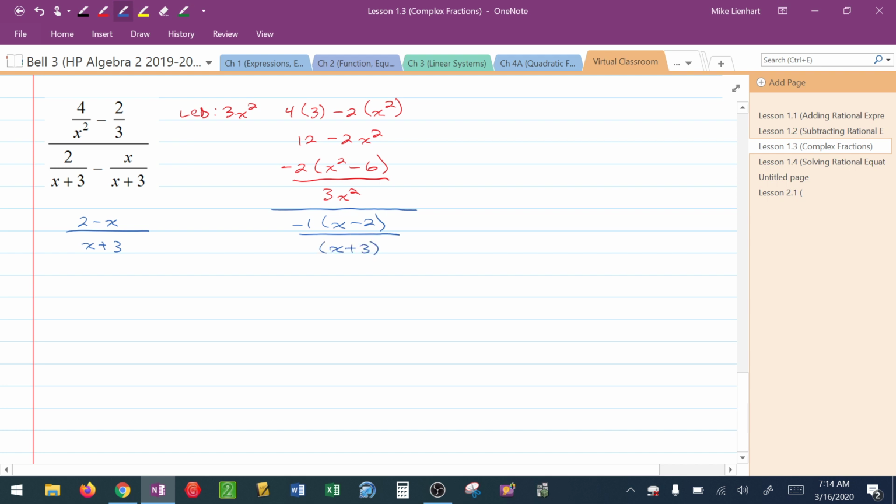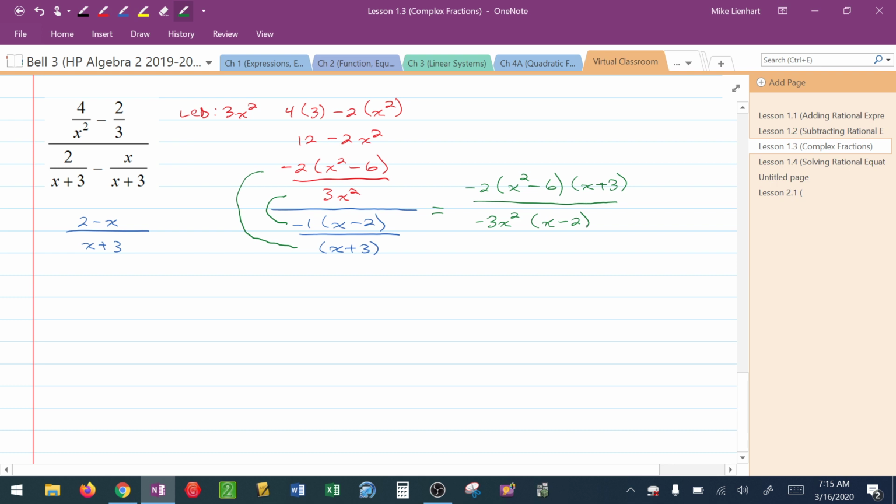All right, I'm going to do big C, little c here. Big C, little c. That's going to give me negative 2 times x squared minus 6, which I can't factor, times x plus 3, divided by negative 3x squared times x minus 2.